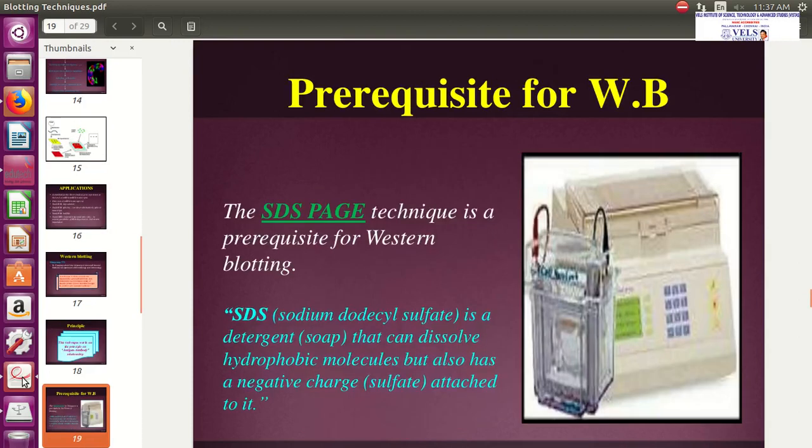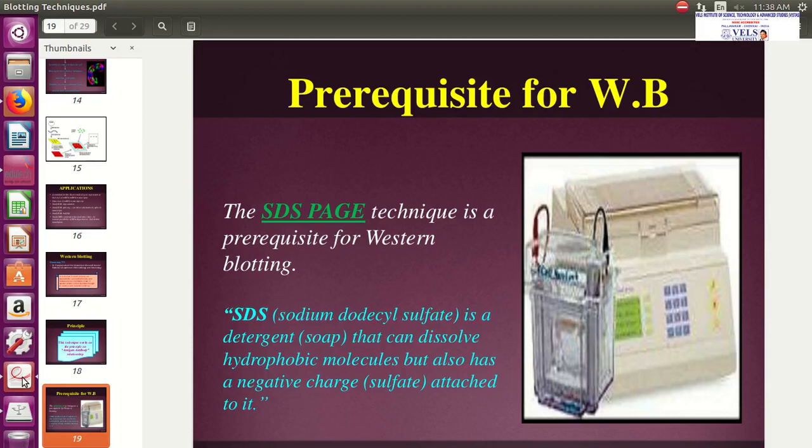Here the prerequisite for Western blotting is SDS-PAGE, that is gel electrophoresis. Sodium dodecyl sulfate, that is SDS, is a technique prerequisite for Western blotting. SDS is nothing but sodium dodecyl sulfate, a detergent that can dissolve hydrophobic molecules but also has a negative charge attached to it.